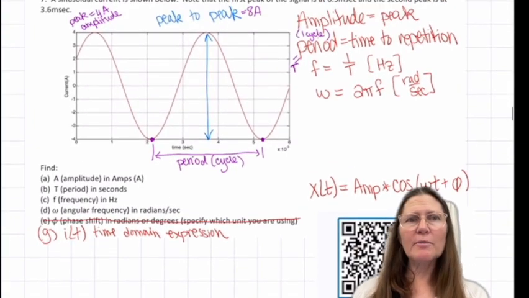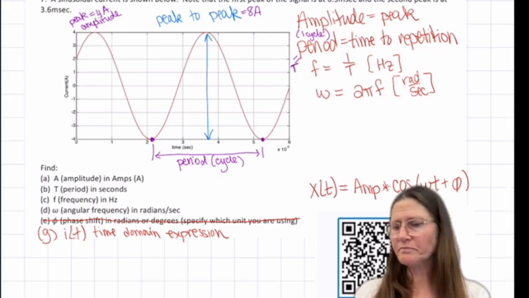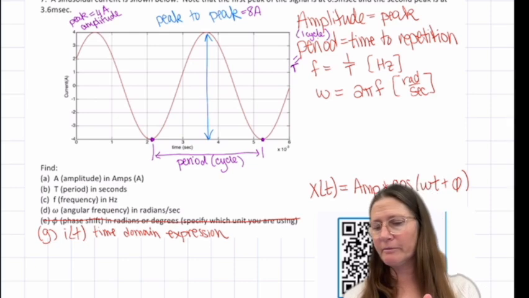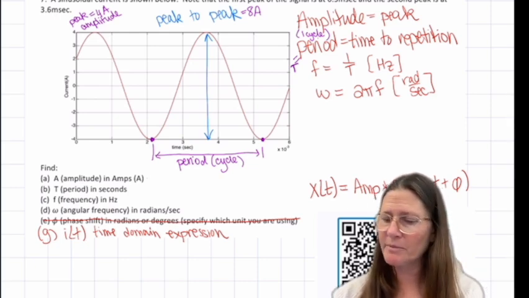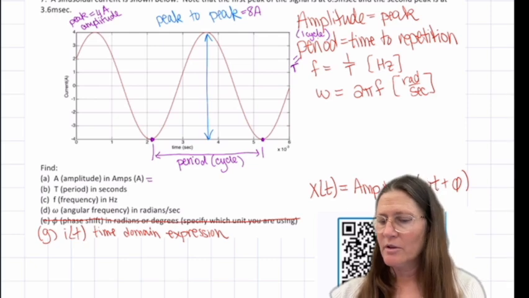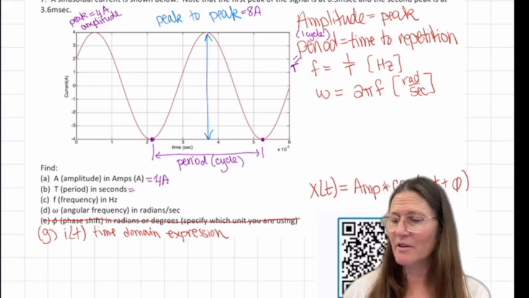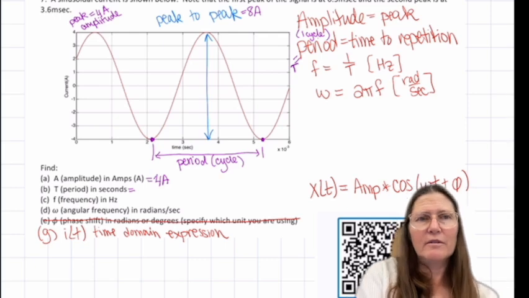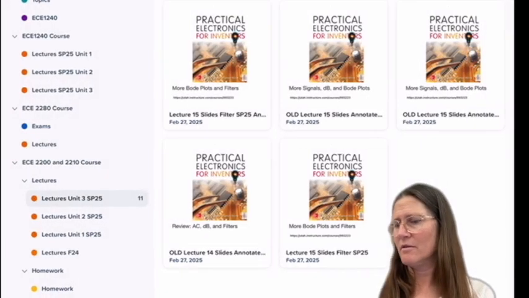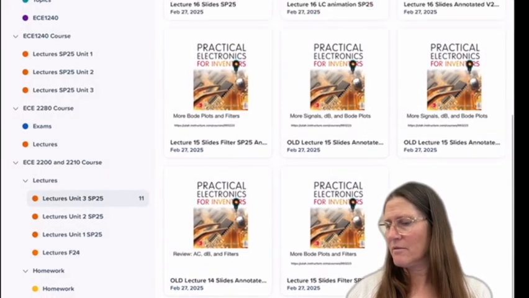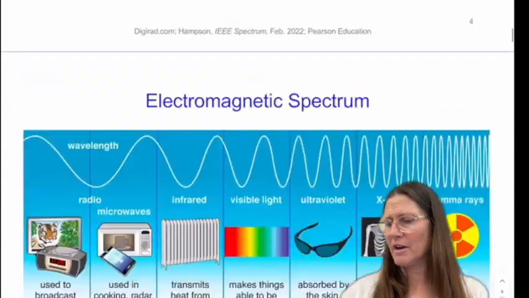So to describe this signal, let's see, amps. I guess we already found amps, or A for amplitude, so this was 4 amps.